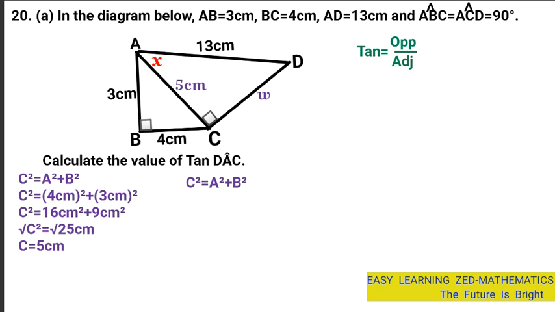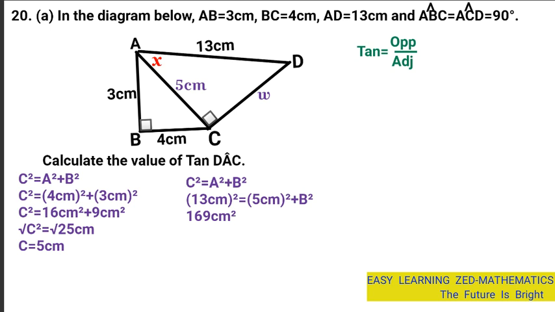So where there is C squared, we're going to put 13 squared, which will be equal to 5 centimeter squared, plus B squared. Then we find the square of 13 and 5 centimeter. The square of 13 is 169 centimeter squared, equal to the square of 5, which is 25 centimeter squared, plus B squared.